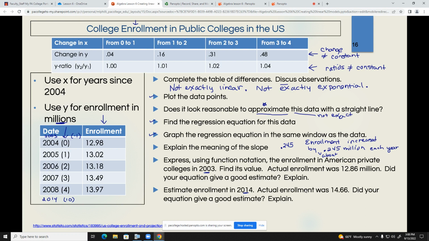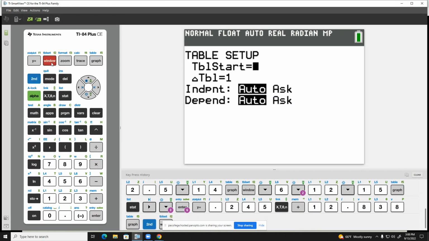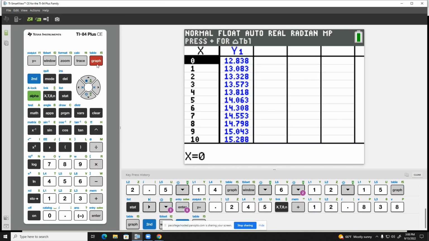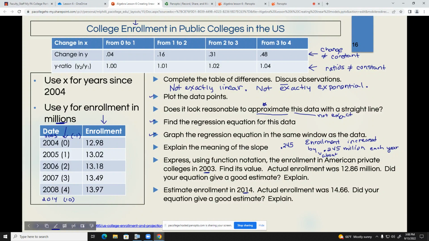So I'm going to look them up in my table. And so let's go to our calculator. Second, table setup, start the table at 0, go up by 1, that works. Table, so if I arrow up, I see for 2003, which is this -1, I had 12.593. So I'm going to write that down before I forget it, and then I'll look up the next one. 12.593.